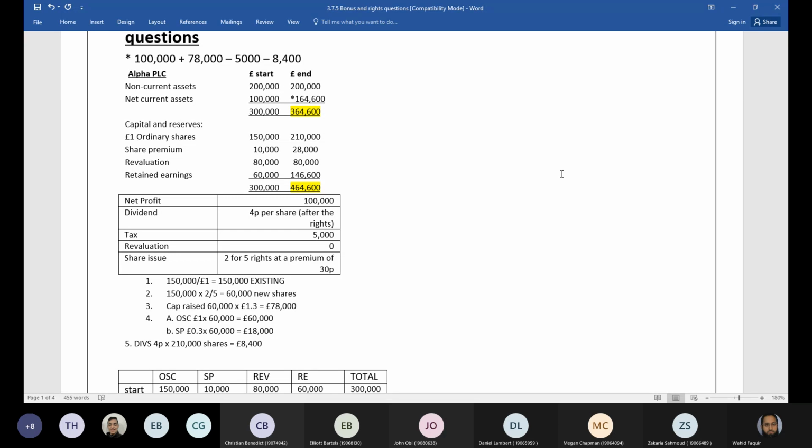I'll give you a minute to figure that out. In the meantime, if you're stuck on that question, why is there a difference between the net assets figure and the shareholders' funds figure, in other words, the top half and bottom half of the statement of financial position? If you can't explain the difference, go on to question 2, please.